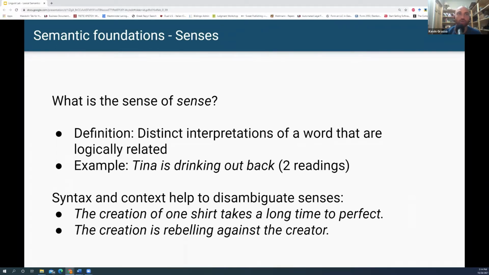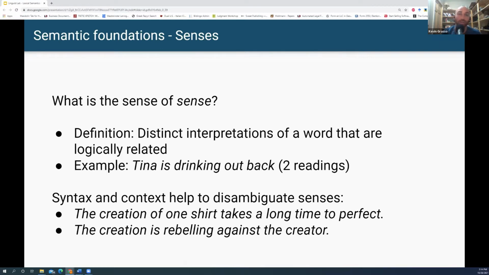So you can refer to an event that's related to the verb, or you can refer to the thing that's created from the event, right? So: the creation of one shirt takes a long time to perfect. That is a noun, creation, referring to an event of creating.